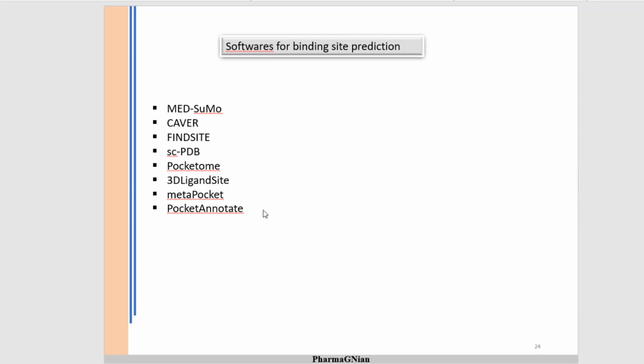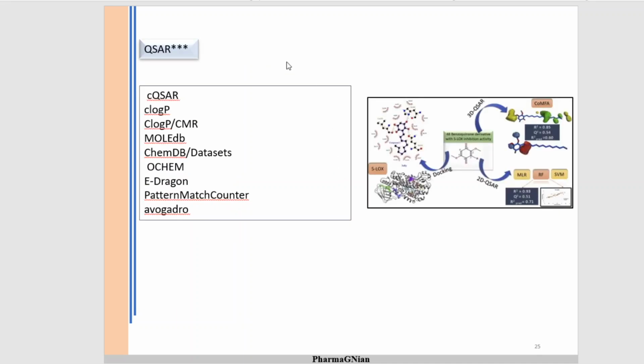These are the softwares that are used for binding site prediction. You should remember these softwares. I will make videos on QSAR, which is very important in the drug design and drug discovery process in computer aided drug design. Right now, just remember these are the softwares for the QSAR process.